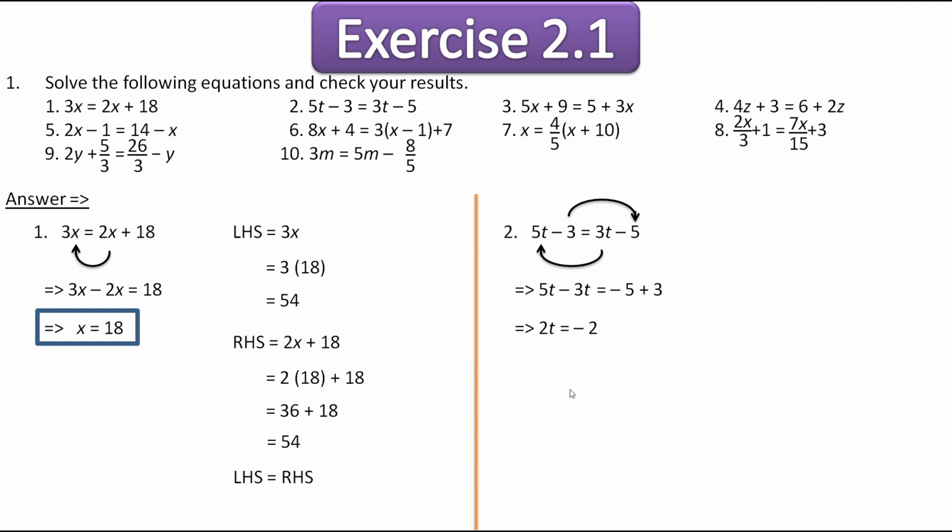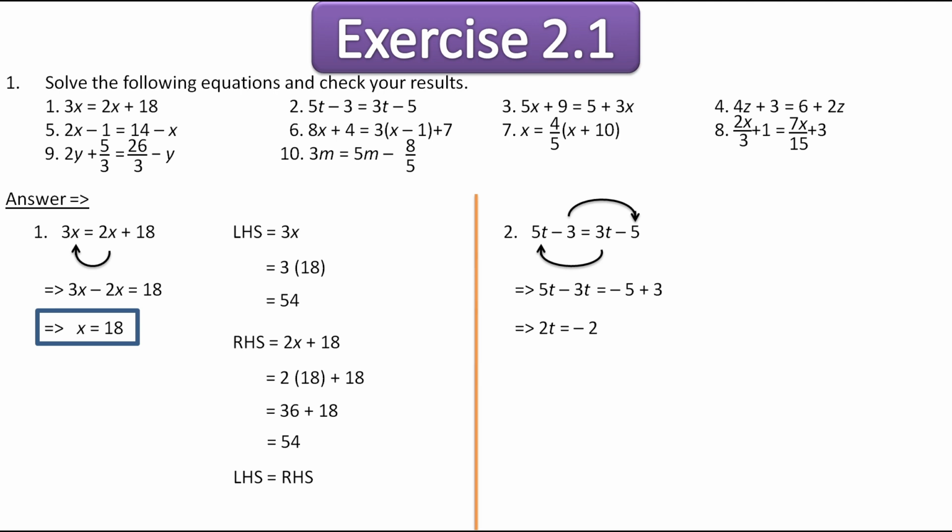Now we have one more constant with the variable, that also we have to send to the other side. Here we have 2 which is multiplied with t. So I have to send this 2 to the right hand side. As it is multiplied, whenever we send anything which is multiplied with the variable to the other side, we have to shift it to the denominator place.